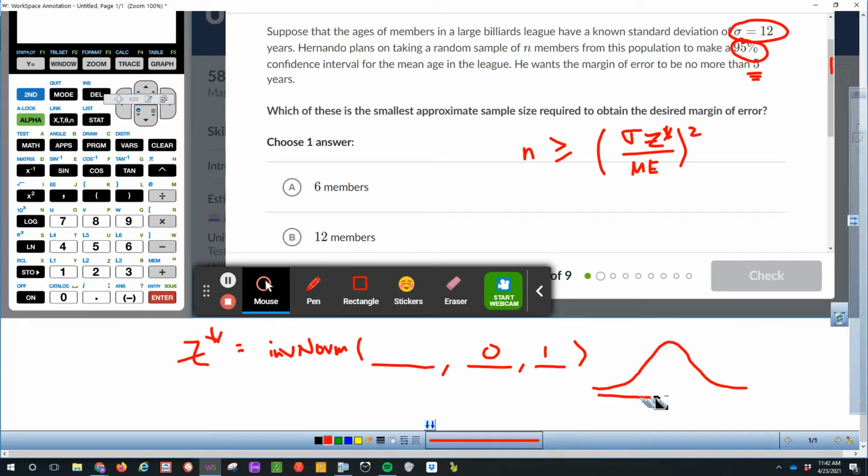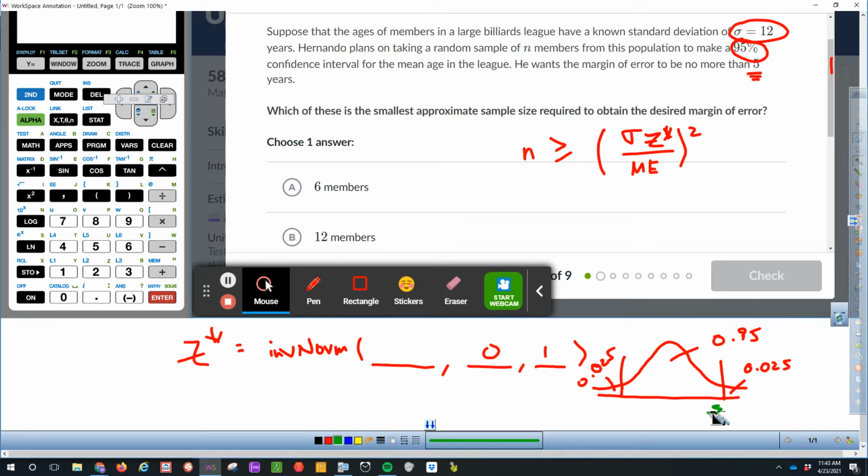Nice. So let's say this is 95%. So in the middle will be 0.95. The tails, right here and here, will be half of 0.05, because 1 minus 0.95 is 0.05, and half of that will be 0.025.